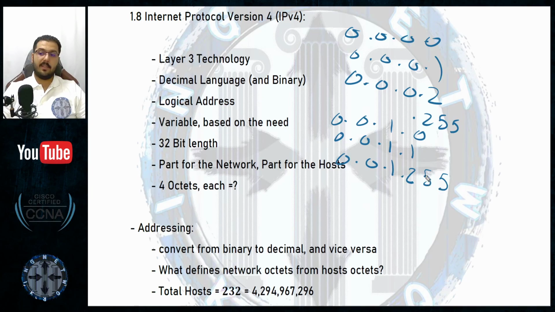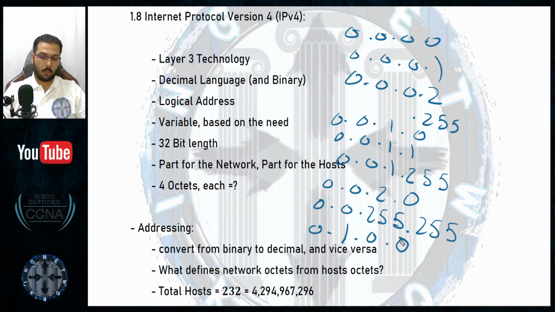Then you'll have to jump to make it 0.0.2.0 until you reach the level where you have 0.0.255.255. Then what? You'll have to jump double times to start from 0.1.0.0 until you reach 255.255.255.